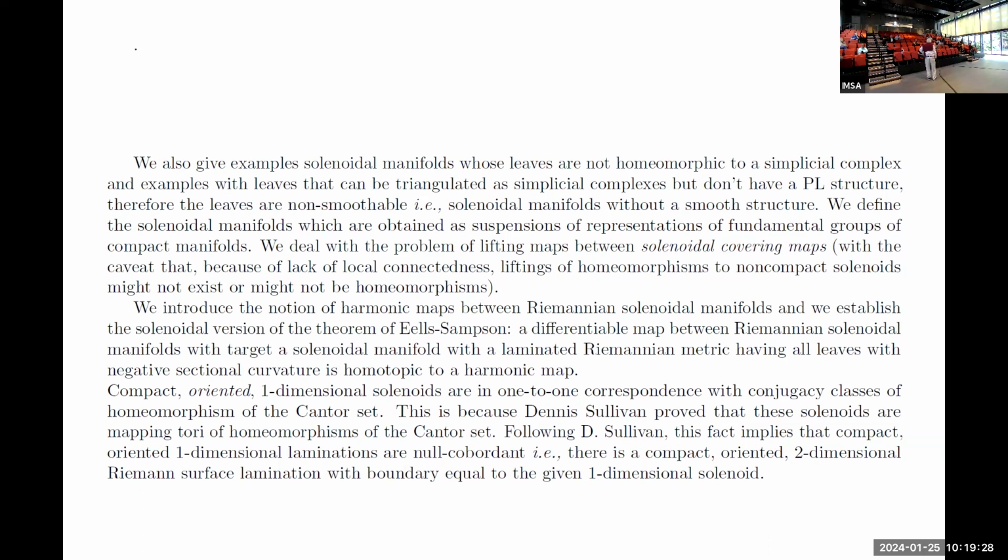And also another theorem is that any one-dimensional solenoidal manifold actually bounds a dimensional lamination. It's topologically. And this is a theorem of David Sullivan. And so this is what it means. Given an oriented solenoid is the boundary of the dimensional.